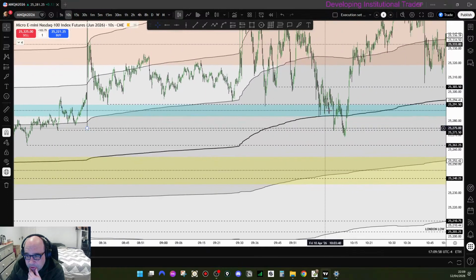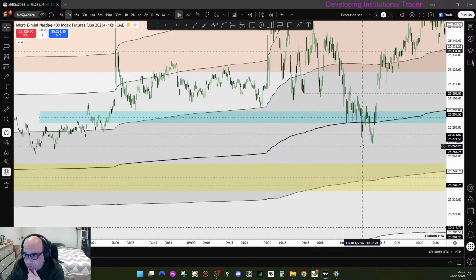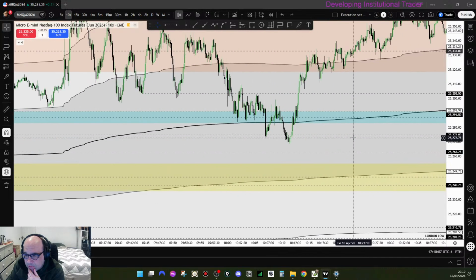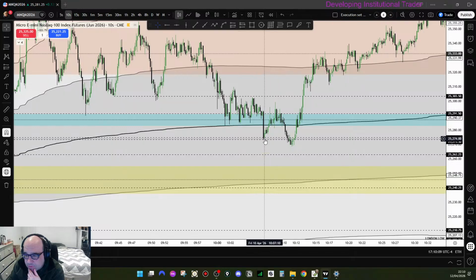We see what the market did: it broke all this imbalance and was trying to reach these lows. It took these two lows. The first low was really to the tick.